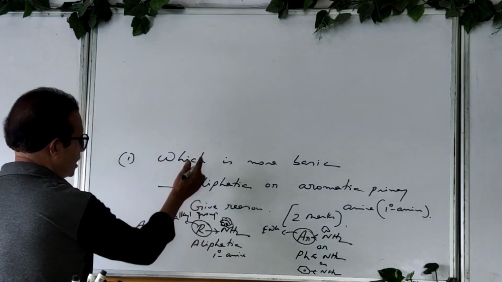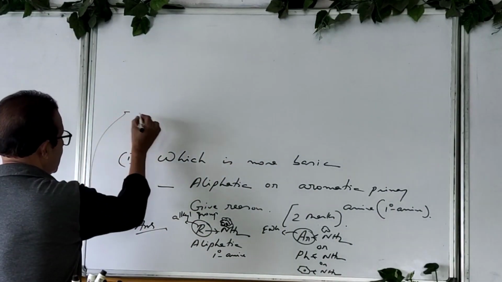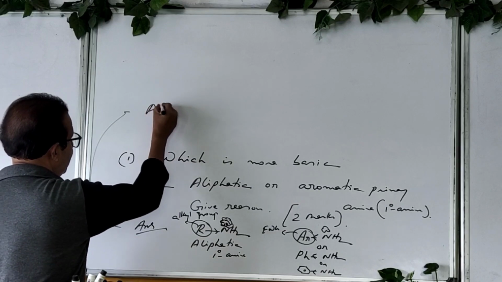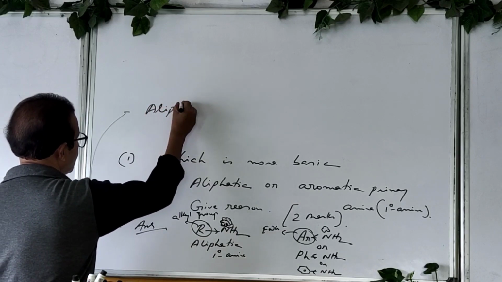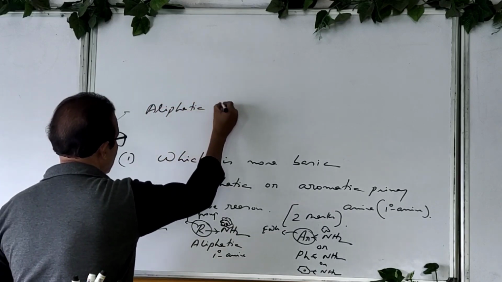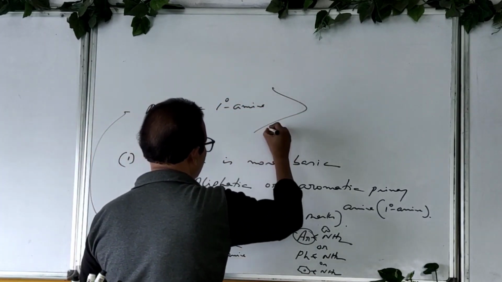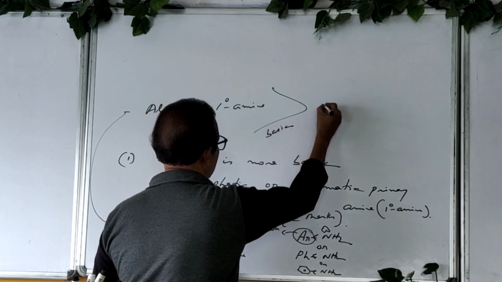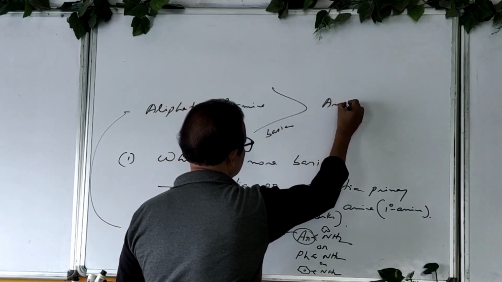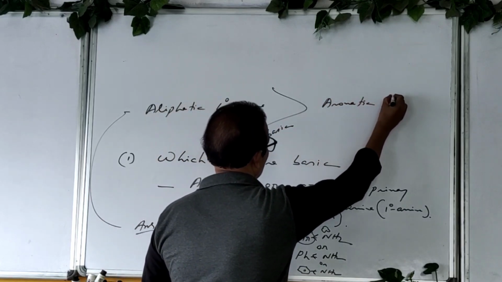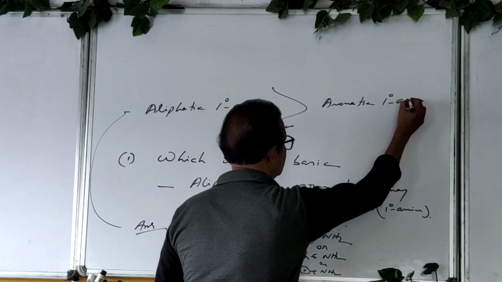So the answer is, I will write in here: aliphatic 1 degree amine is more basic than aromatic 1 degree amine. Primary amine is denoted by 1 degree.